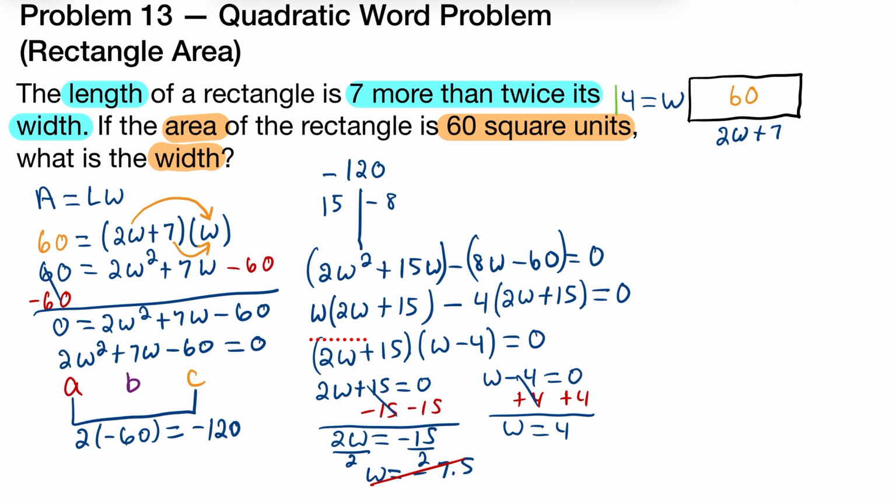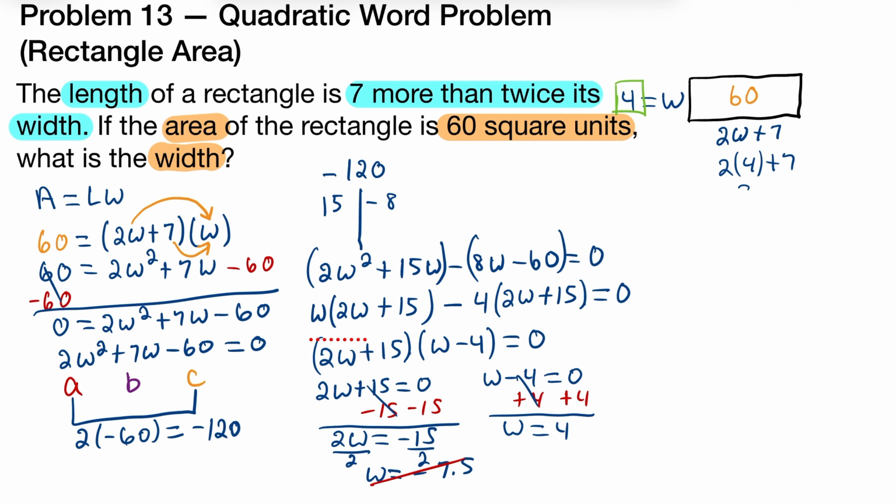And if you want to check what your length is, all you have to do is substitute that w for the 4. So we have 2 times 4 plus 7.